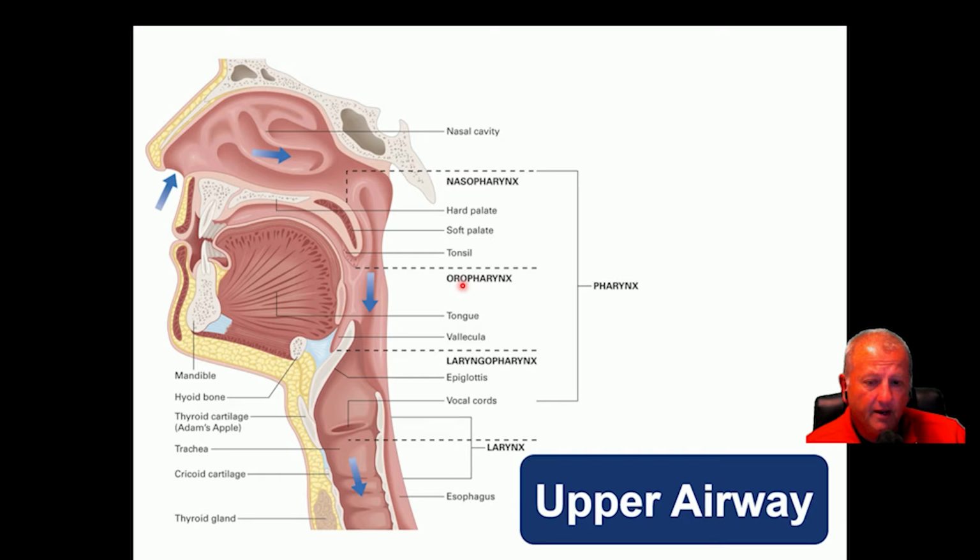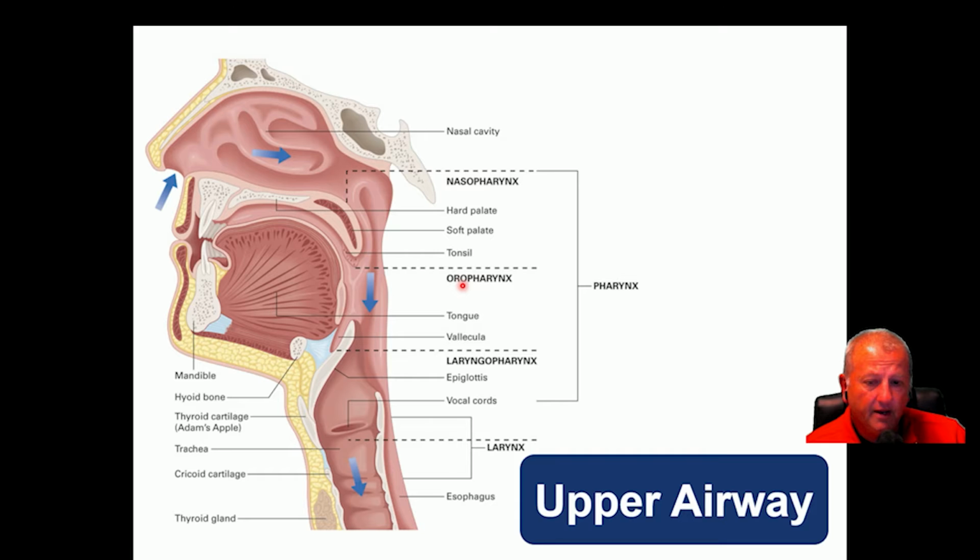We have our tongue right here. There are three parts of this pharynx: the nasopharynx, the oral pharynx, and the laryngopharynx. So the nasopharynx comes down, and right here is where the oral pharynx picks up and comes down. And right here, just above the vocal cords, is where the laryngopharynx is.